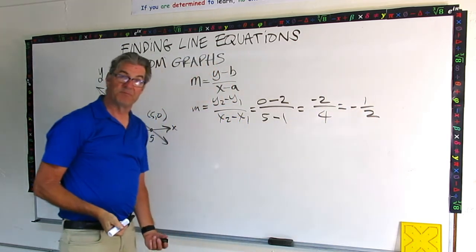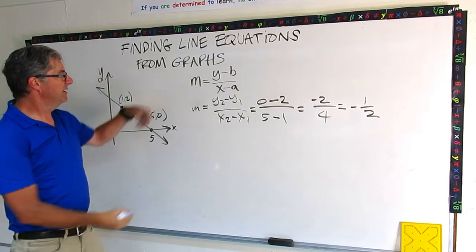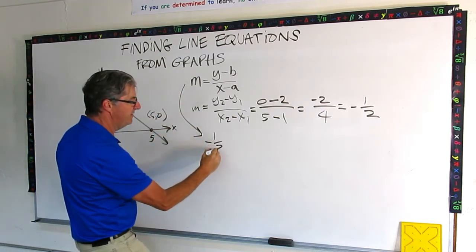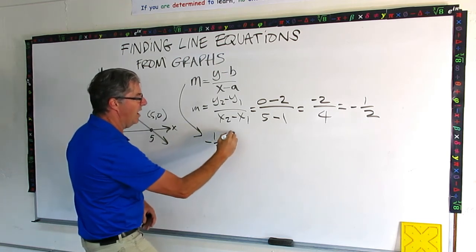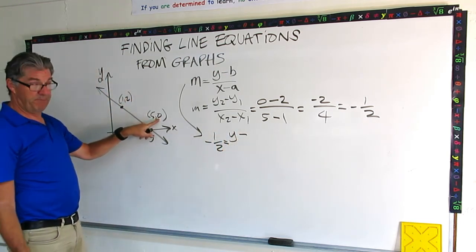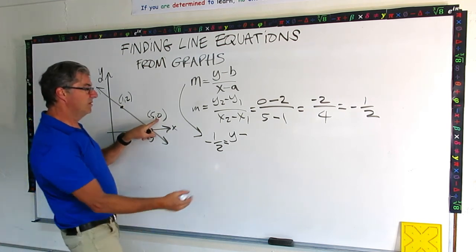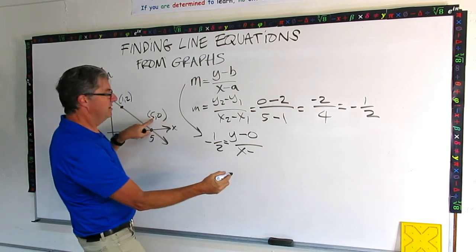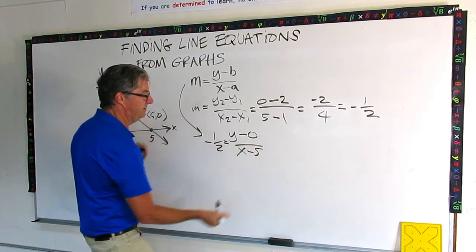So there's our slope. So now let's do this plug-in right here, and we get -1/2 equals y minus, now I'm going to use this point as well. So the y coordinate here is 0 over x minus the x coordinate, which is 5.